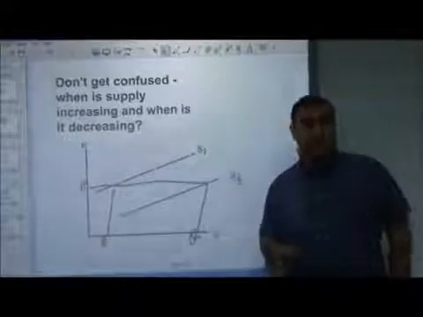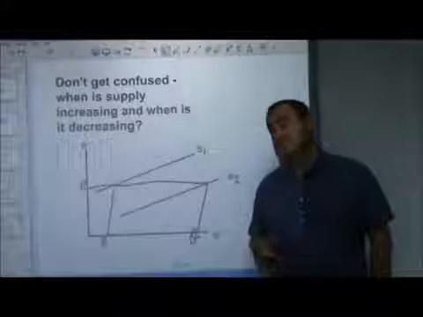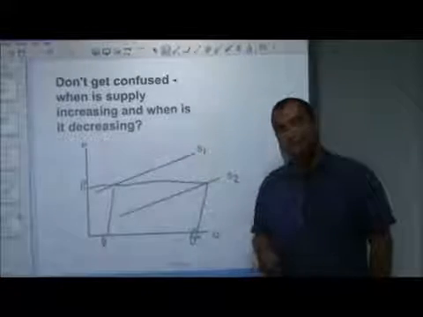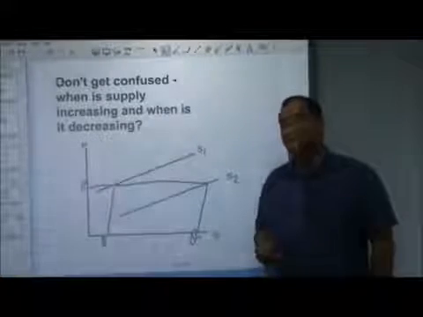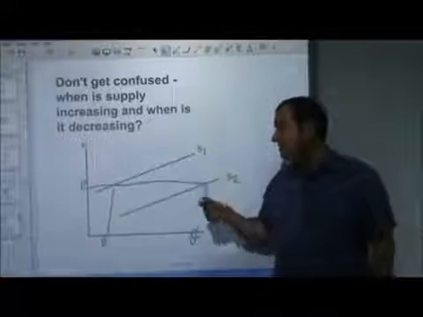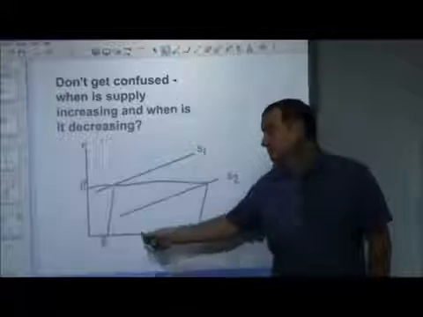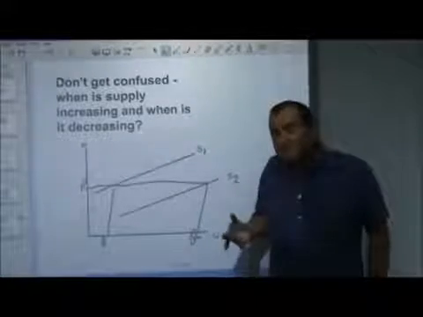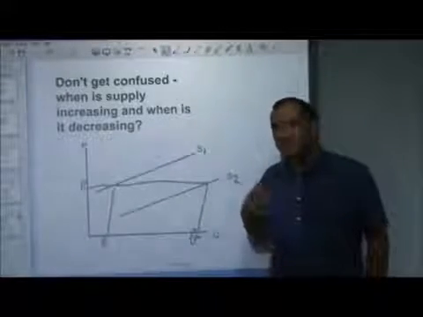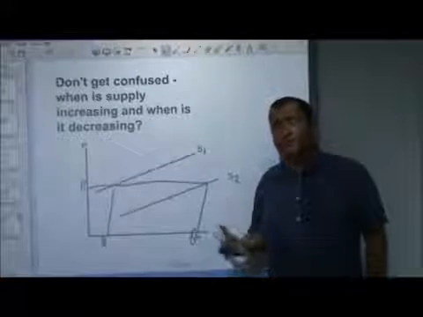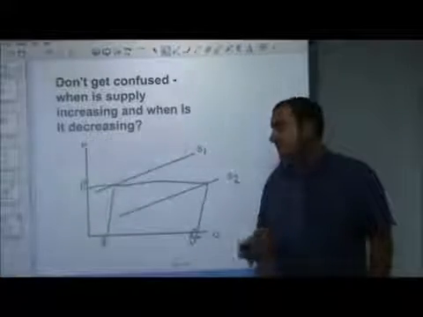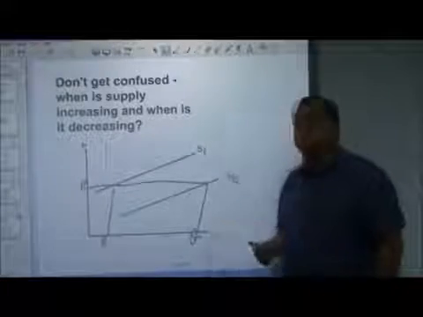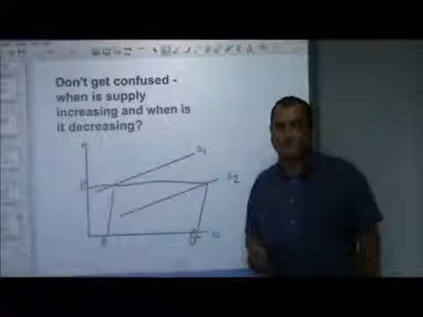I made this one a bit odd because I deliberately drew the supply curves as quite shallow gradients for effect. But as you can see, at price P1, initially the quantity supplied was very low. Something has changed. Some cost of production must have fallen enormously to shift the supply curve outwards so far that now at price P1 a much larger quantity is being supplied.